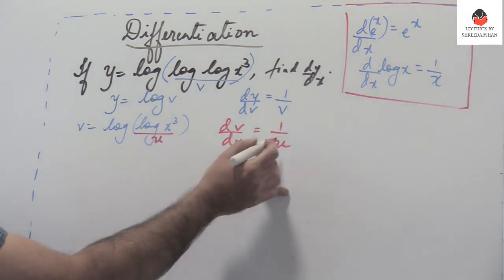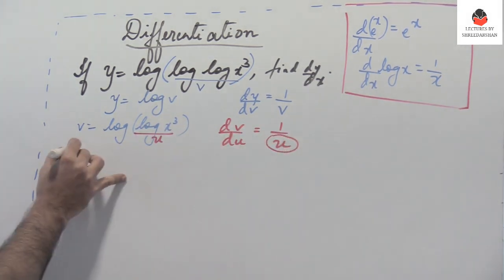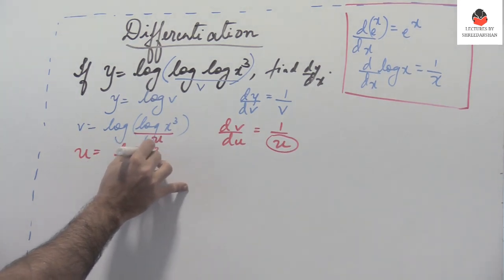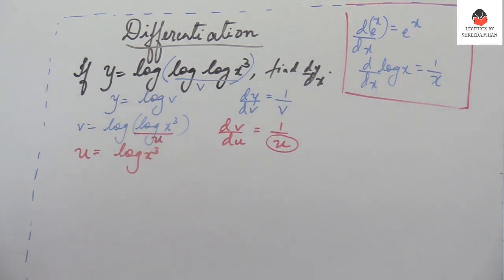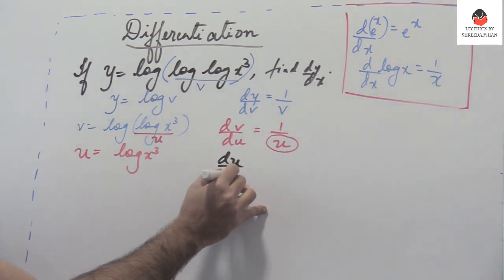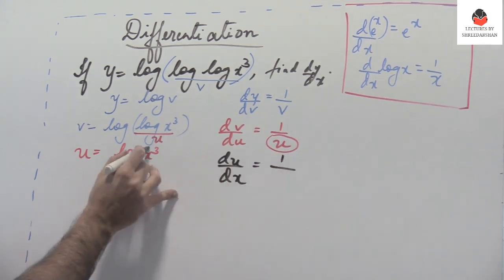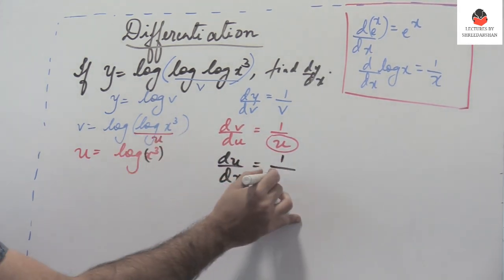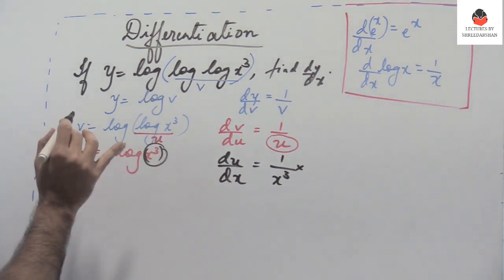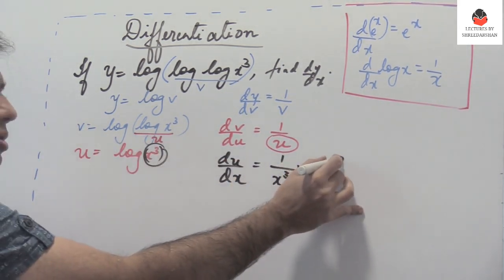And now I have to differentiate u. So u is log of x cube. So can I do it directly? So du by dx is 1 by, so instead of x I have x cube, so it is 1 by x cube into differential of this term, which is 3x square.